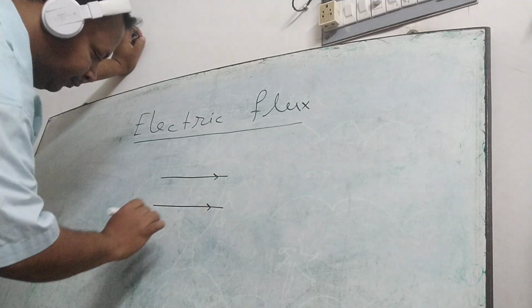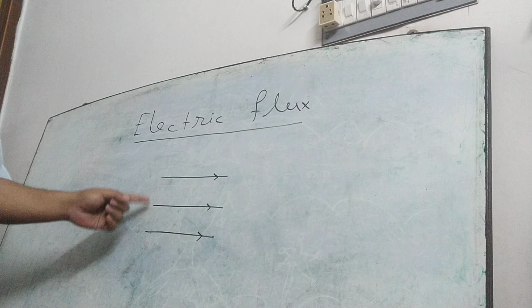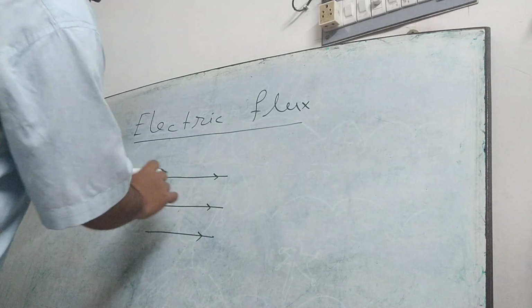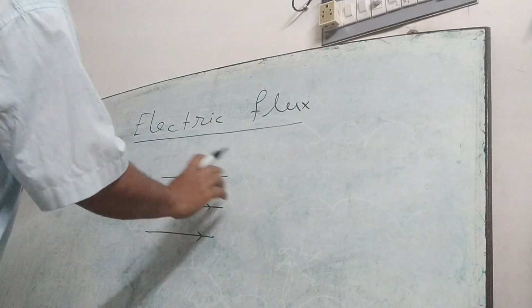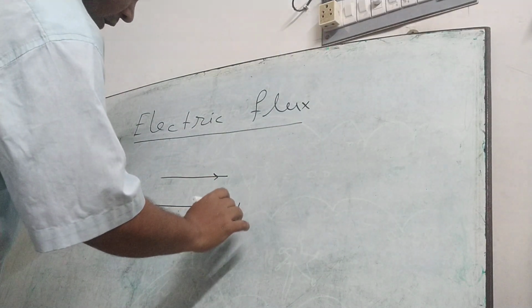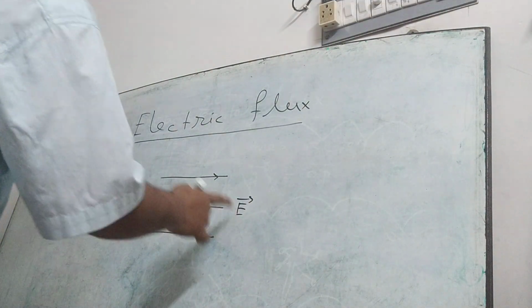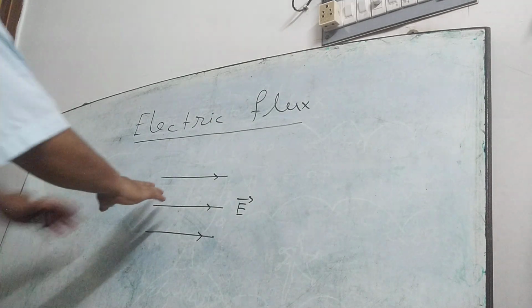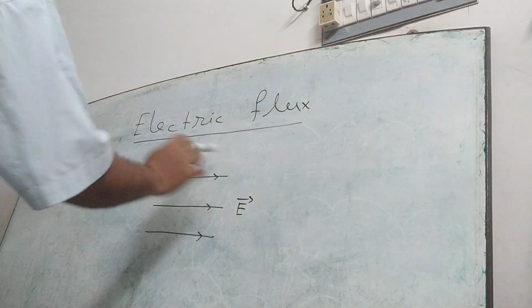We consider a uniform electric field, and the parallel lines denote the uniform lines of force of the uniform electric field, and the electric field strength is denoted by capital E, where capital E is the electric field strength of this area or of this location.